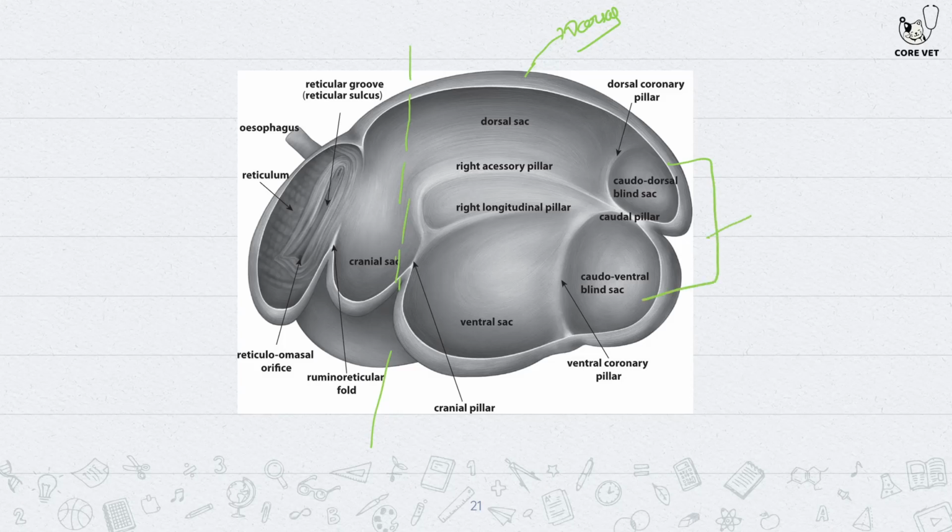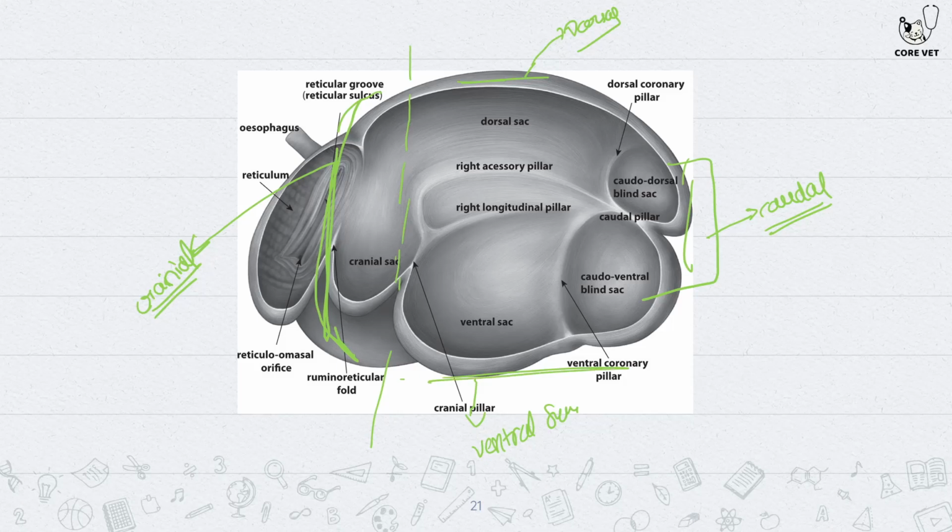This is the caudal part of the rumen. This is the ventral surface, and this is the cranial part. The upper one is the dorsal, the back one is the caudal, the bottom one is the ventral, and the front one is the cranial, right?